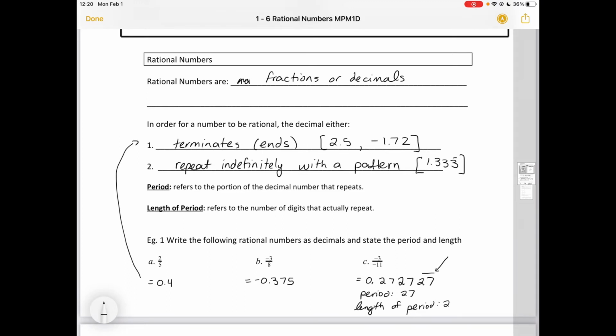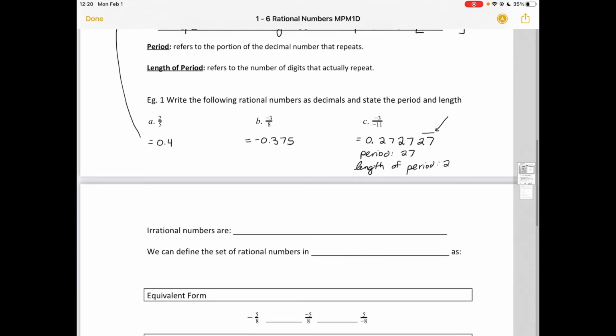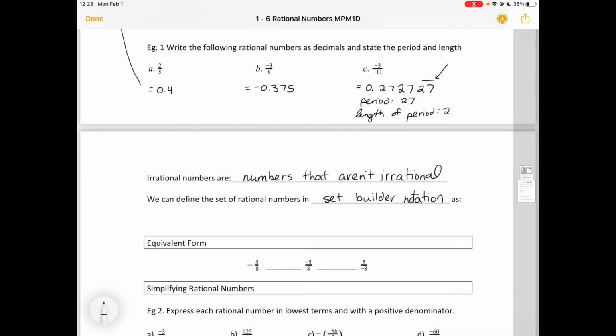When I represent that my decimal repeats, I put my bar over the period or over the decimals that repeat. We also have irrational numbers, which are just defined as numbers that aren't rational or numbers that don't fit the above pattern.